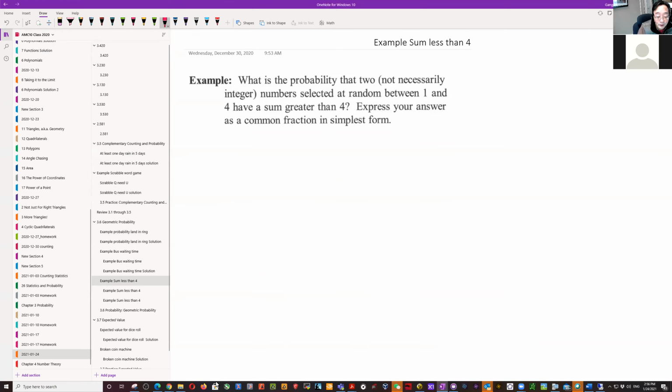So this is still a two-dimension problem. If you are given a chance to select two numbers between 1 and 4, in this case, you can start from 1, 1, labeling the origin as 1, 1, but I can also start from 0 and 0. This X is the first number we choose, and this Y is the second.